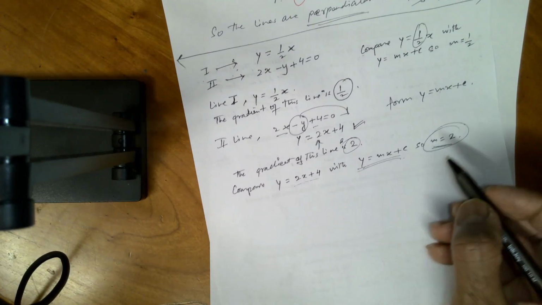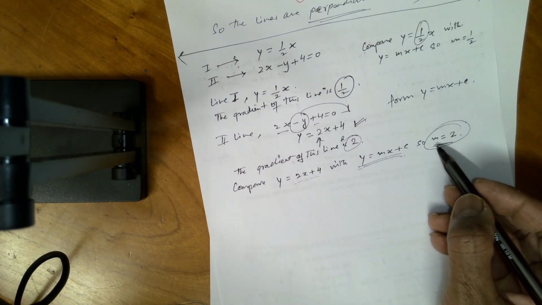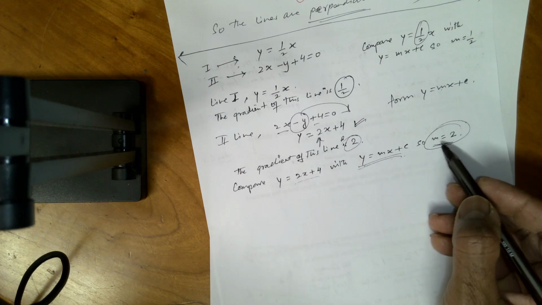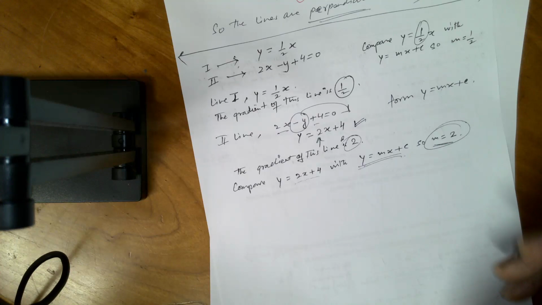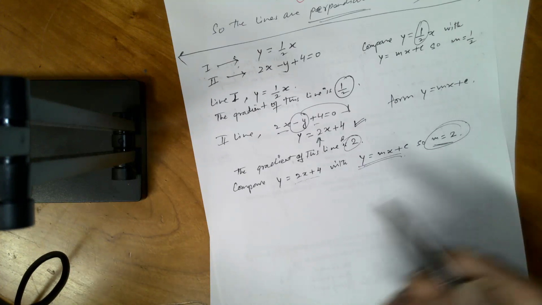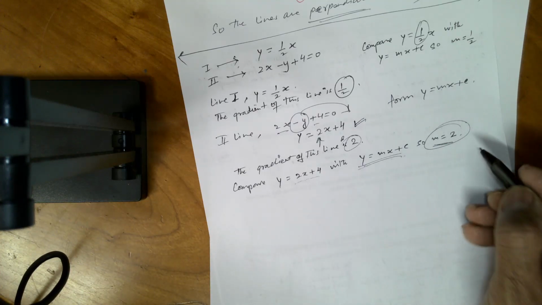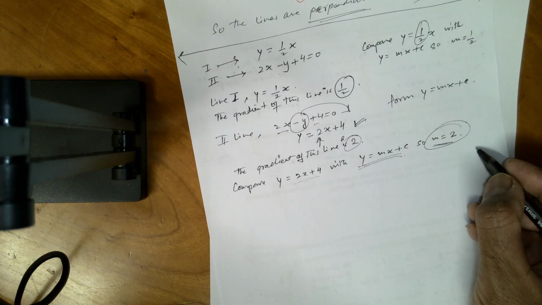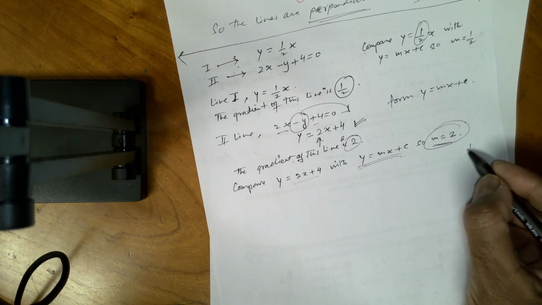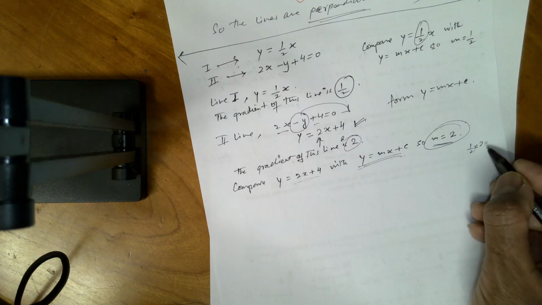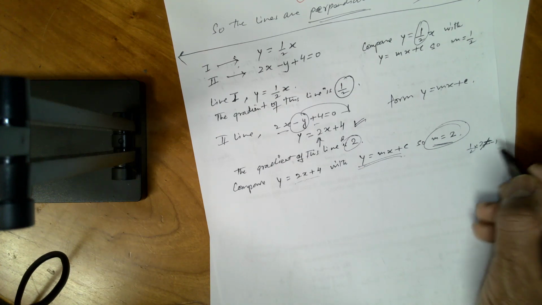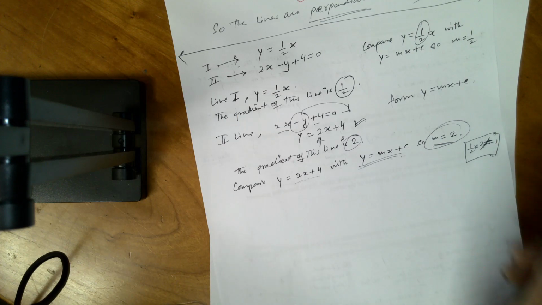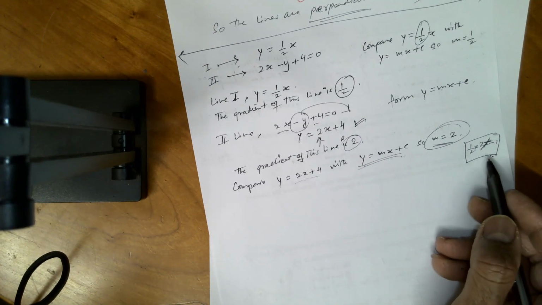Now if you multiply this m and the other gradient, you won't get -1. I'm going to write here that when the lines are perpendicular, the product of the gradients is -1. Here, half multiplied by 2 is not giving you -1.